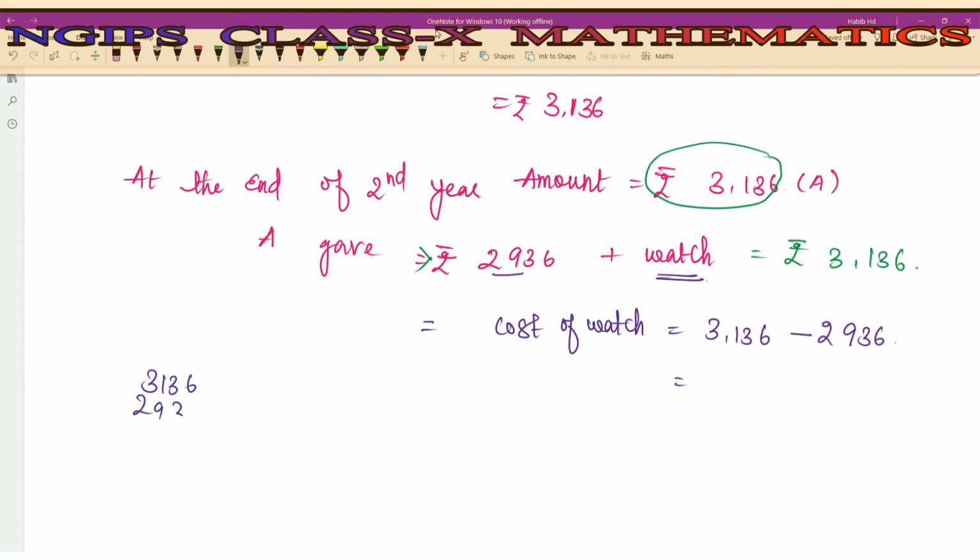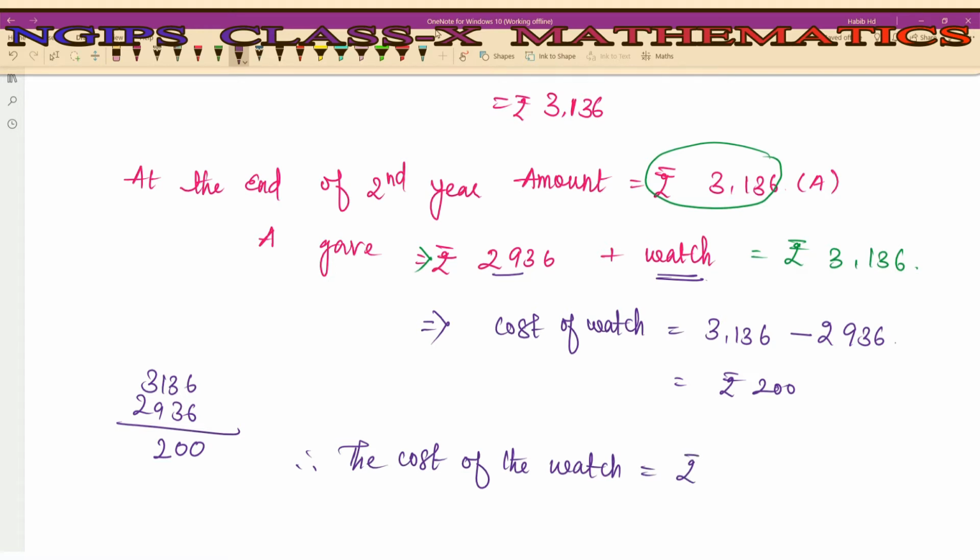If you subtract, 6 minus 6 is 0, 3 minus 0 is 3, 31 minus 29 is going to be 2. So 200 rupees. Therefore, the cost of the watch is equal to rupees 200.